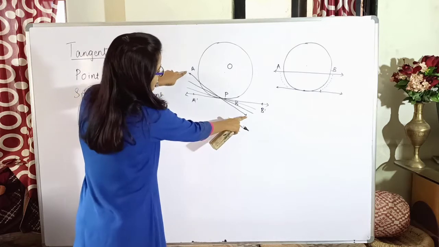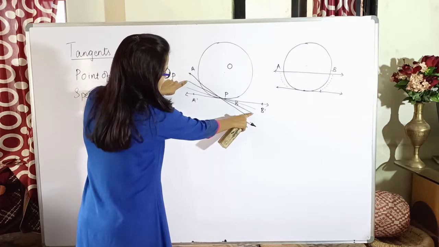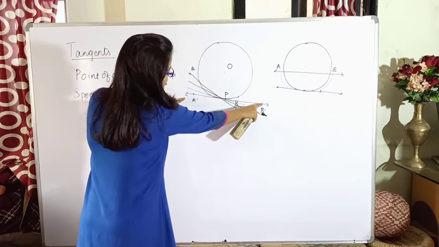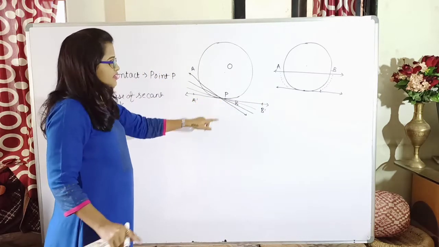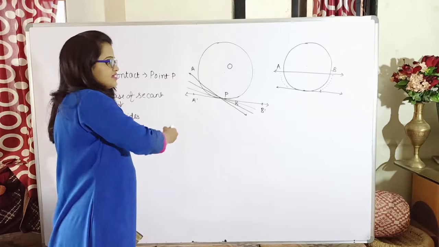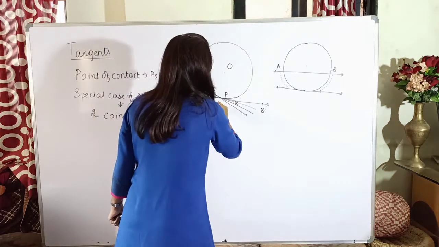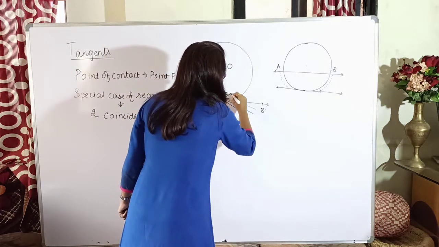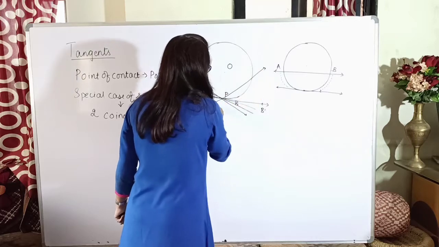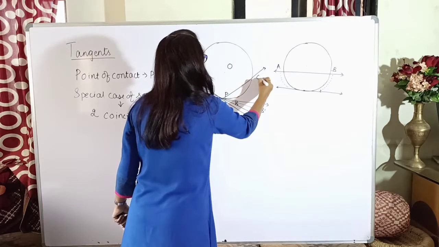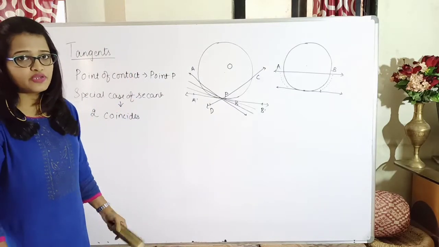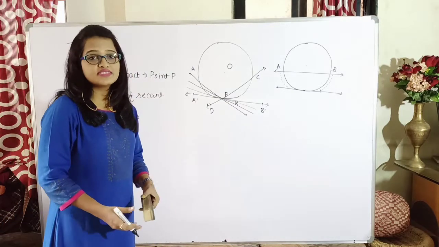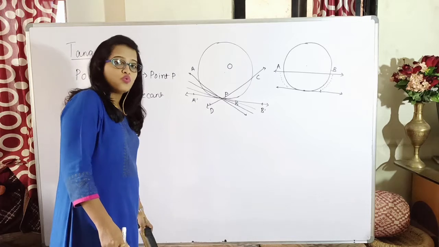So this was my line AB, and I have moved it until it becomes tangent to the circle at point P. Similarly, now I will take another line on the other side, and let us name this CD. Again, this line is also passing through P because I have to check how many tangents I can draw through one point.